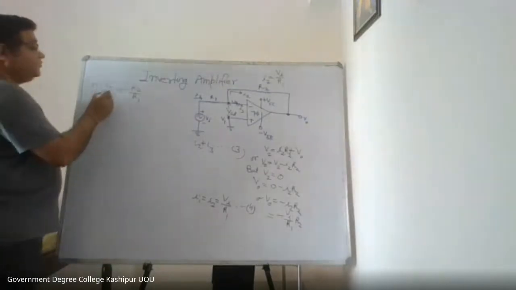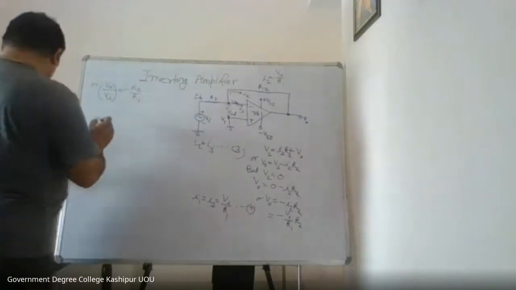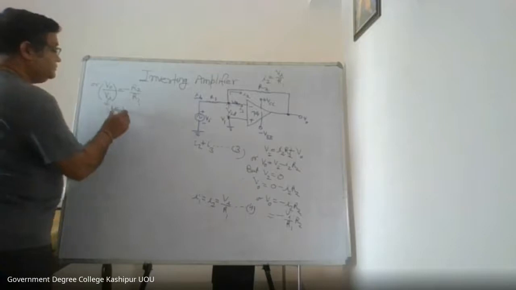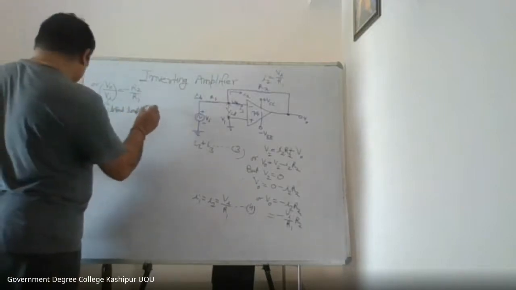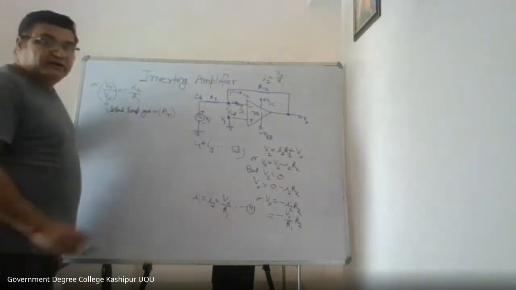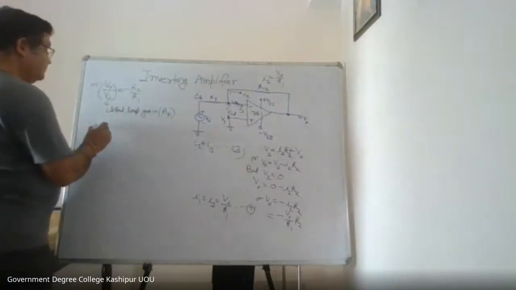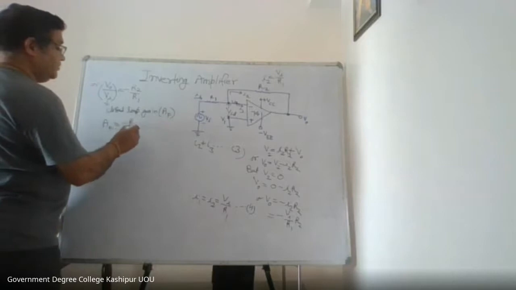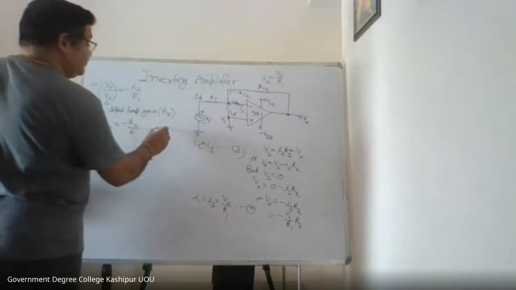And what is this? Output upon input, VO upon Vi. This is closed loop gain, KF. F means feedback. This is closed loop voltage gain. Therefore, KF equal to minus R2 upon R1. Suppose this is equation number 5.